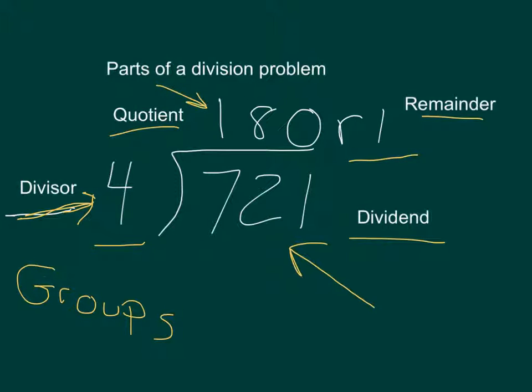The dividend is how many items I have, or how much of something I have. And then the quotient is how many pieces of candy in each group, which is 180. I'd have 180 pieces of candy in 4 different groups if I had 721 pieces of candy, with 1 left over.